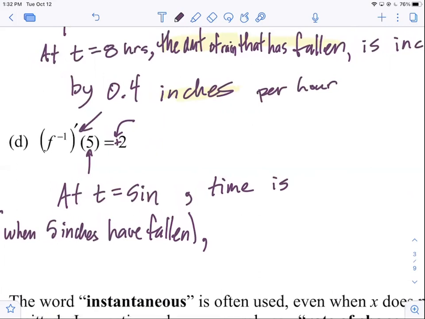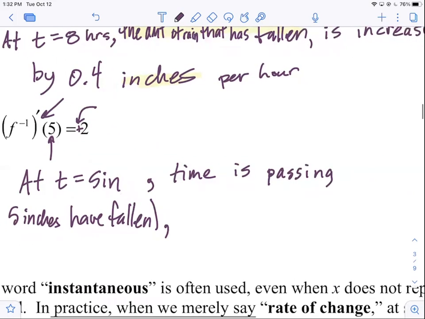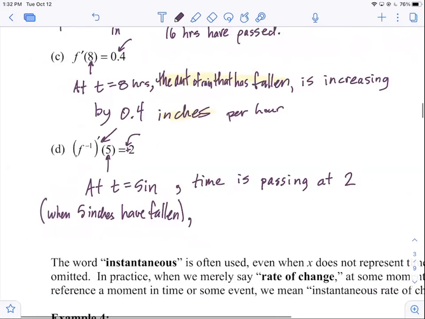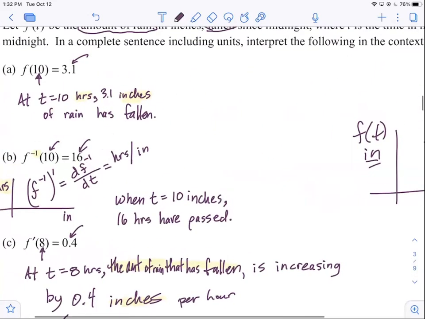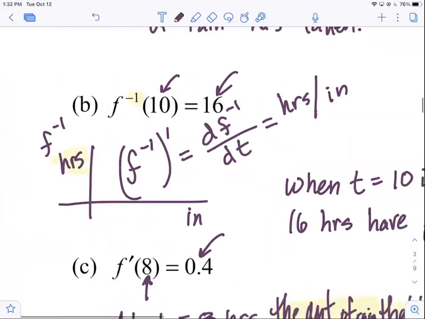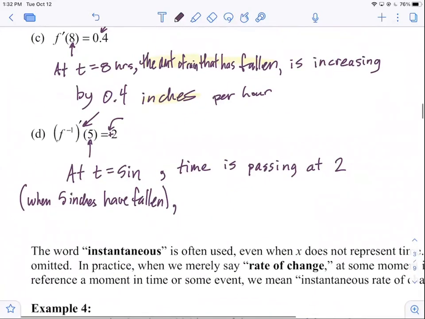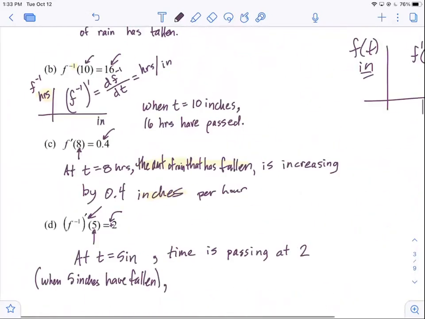Time is passing, since y'all used past last time, or elapsing at 2. What are the units of F inverse? At 2. Hours per inch. What are we measuring?